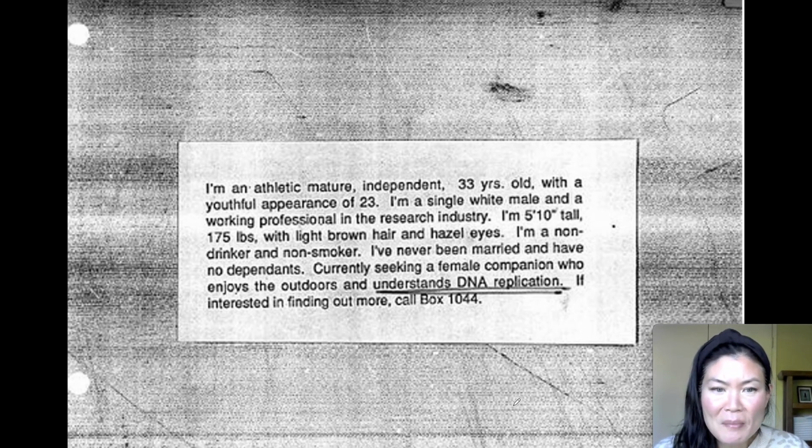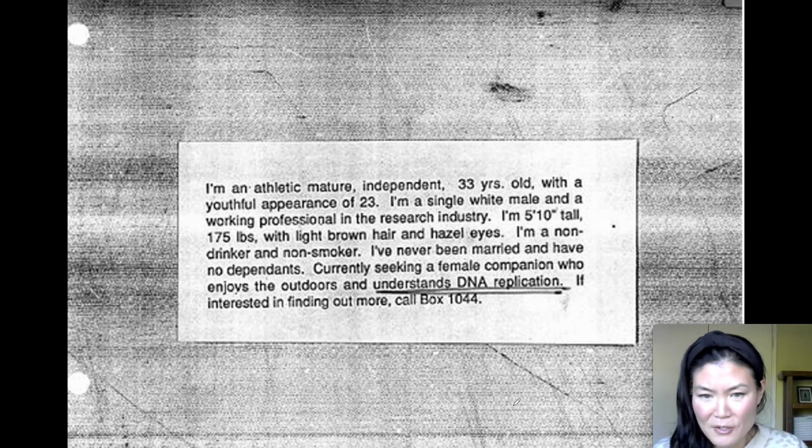I'm a single white male and a working professional in the research industry. I'm 5'10" tall, 175 pounds, with light brown hair, hazel eyes. I'm a non-drinker and non-smoker. I've never been married and have no dependents. Currently seeking female companion who enjoys the outdoors and understands DNA replication. If interested to find out more, call box 1044.